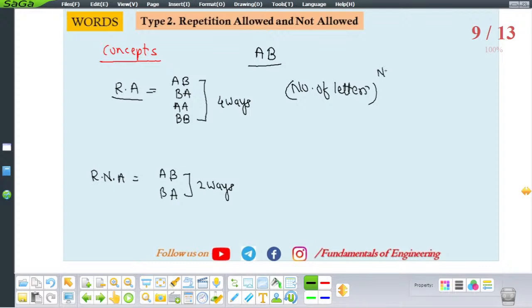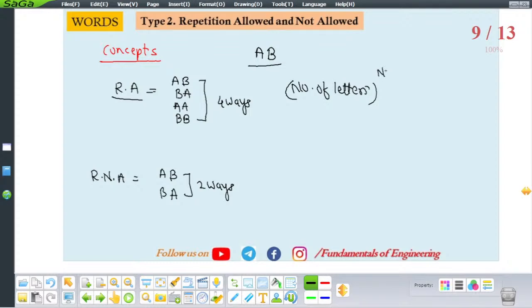For example, if the number of letters is equal to n, the final number of arrangements when repetition of letters is allowed is n raised to n. So we count the number of letters and take that power.